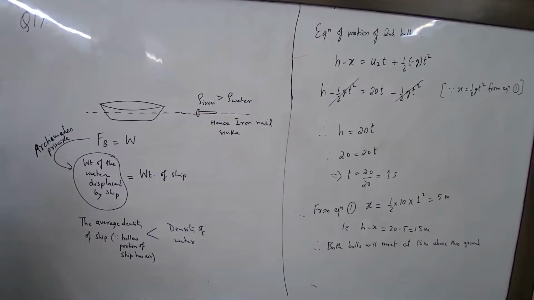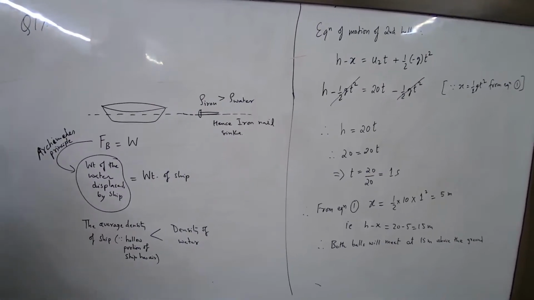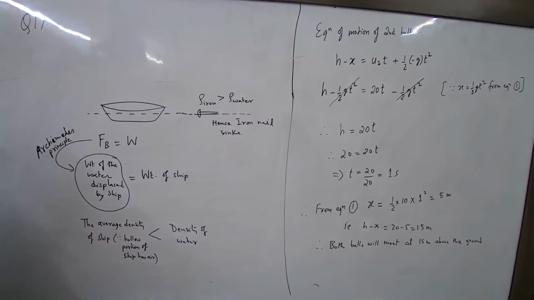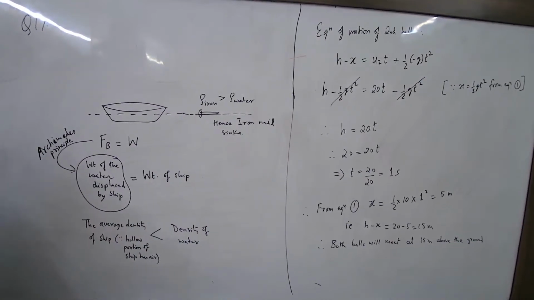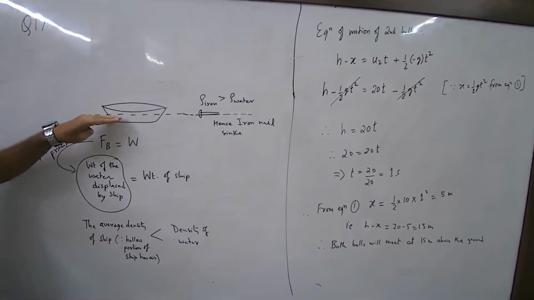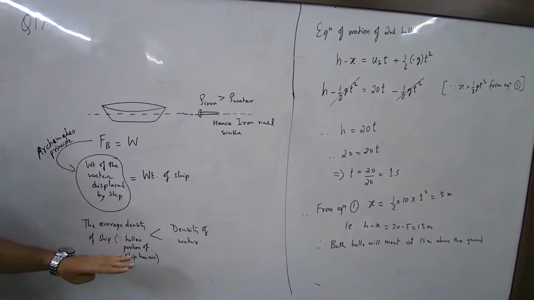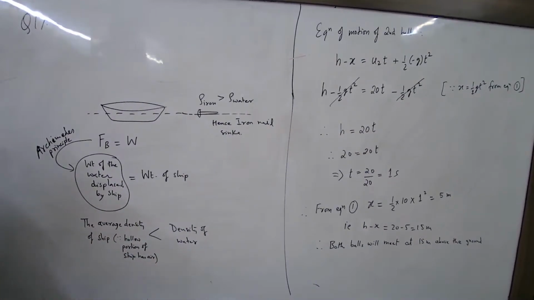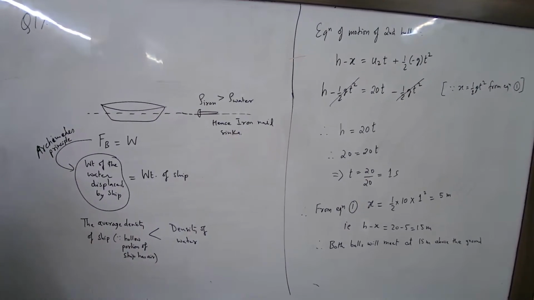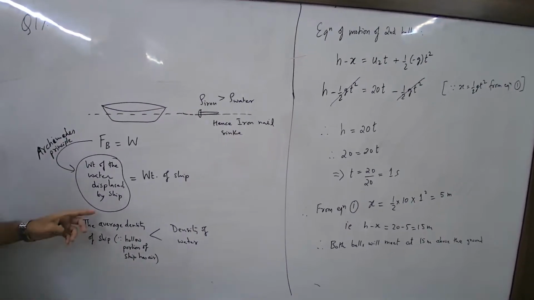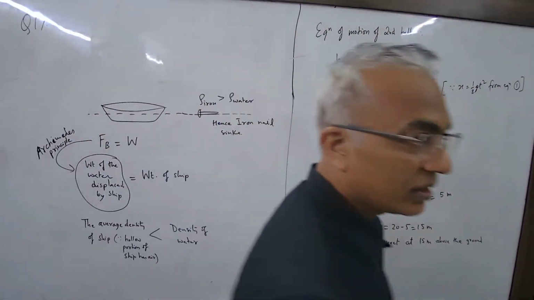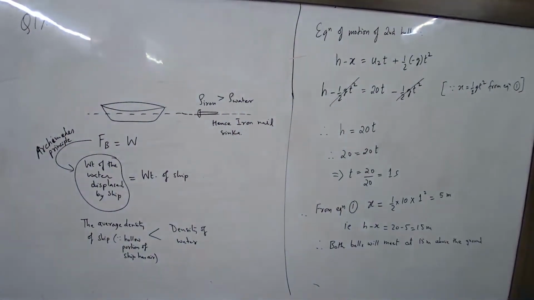No, then it will sink. Because the ship is hollow, its density is less. But it replaced the full solid water. Imagine full solid water, not liquid. So it removed water equal to the volume of the ship which is inside. But in that volume, the metal portion is very little, only the surface. It's not solid, no? That's why the average density of the submerged part of the ship is less than the density of water. Got it?